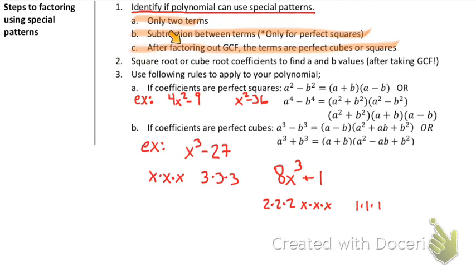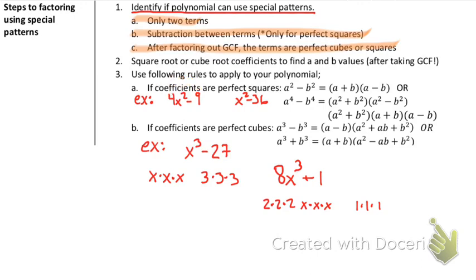And then the last part is, after you did a GCF, if there was a GCF, in order to have perfect cubes, you have to have numbers that multiply to themselves 3 times to get me these terms here. For perfect squares, these are numbers that multiply to themselves twice to get me these terms here.